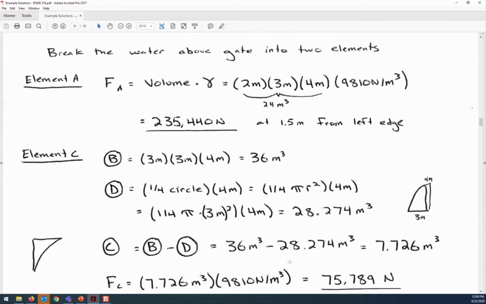And then now what's left is piece C. And over here I've sketched out what piece C looks like. It's that wedge-shaped element of water that's above the gate, but not including the box of water that we've already accounted for. It's just that portion of water that's immediately above the gate. So we subtract out B minus D and get the volume of object C. Multiply that by gamma, and we get 75.7 kilonewtons.